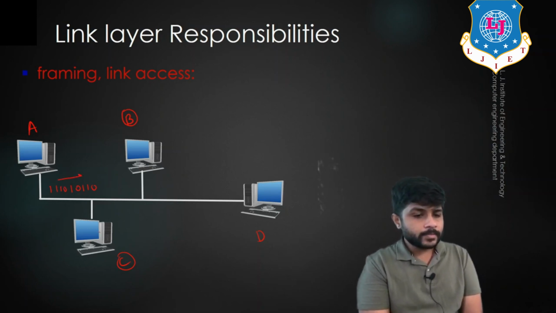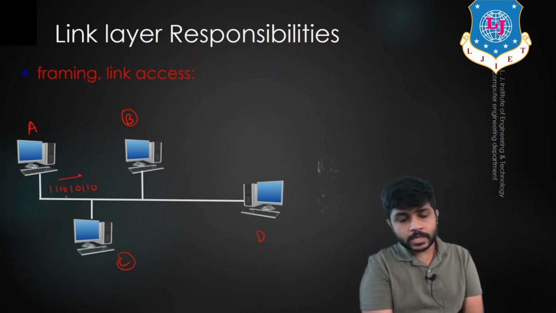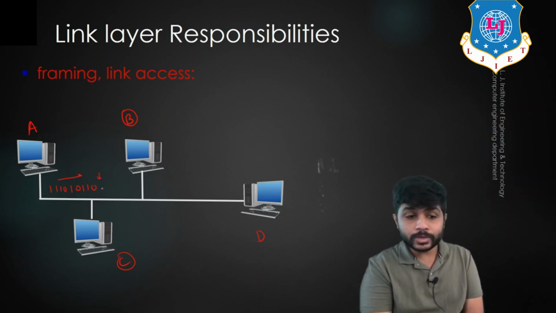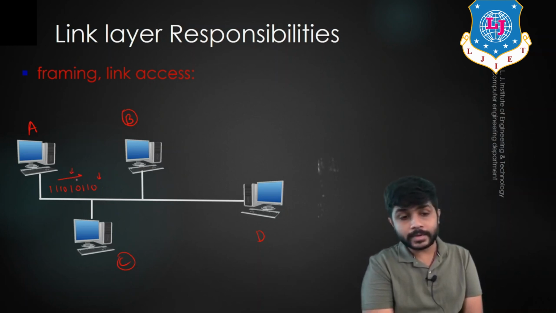Now you can see that devices B and C will receive this stream of bits. In this stream of bits, 10110 is the data for one device and 1110 is the data for the other. But because there is nothing in the stream of bits to separate them, devices B and C won't be able to know where the data they should receive starts and where it ends.